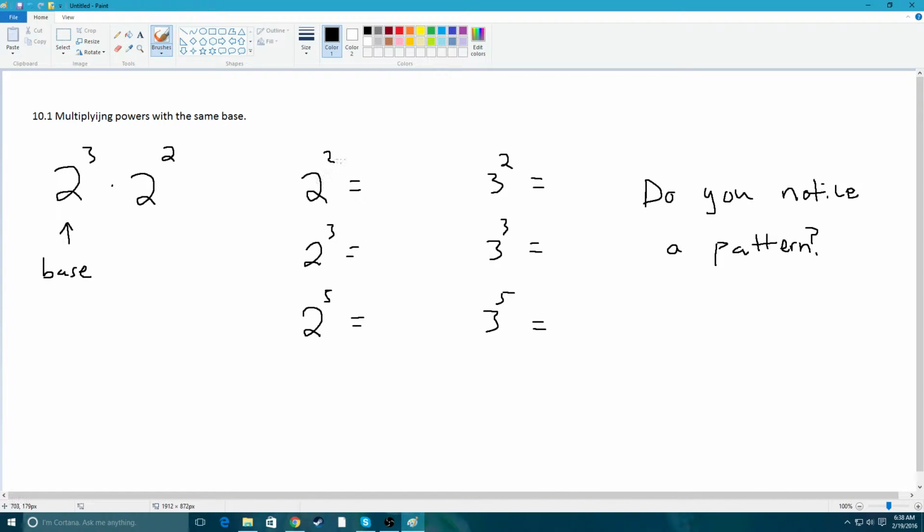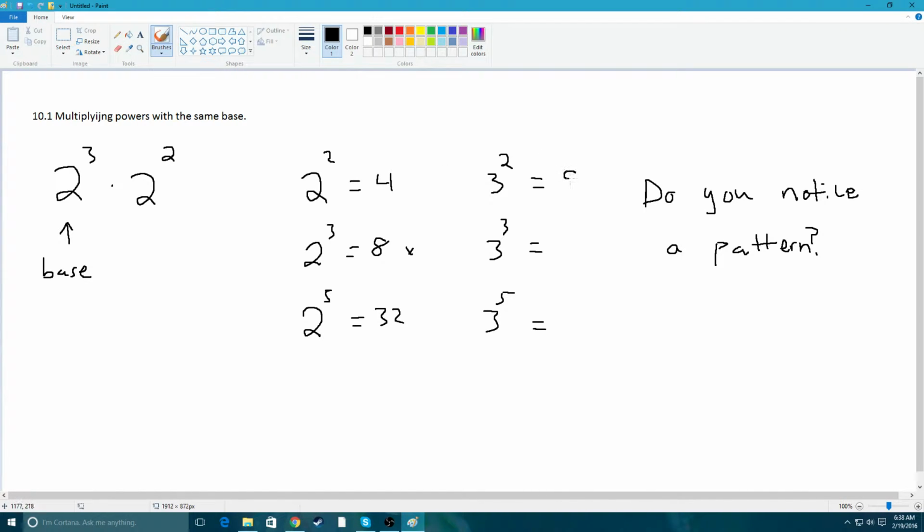So 2 to the second power, that's 4. 2 to the third power, that's 8. And 2 to the fifth power is 32. So if you're looking, 4 times 8, when we multiply those numbers together, we get 32. But also look at the exponents. When we add 2 plus 3, we get the exponent of 5.